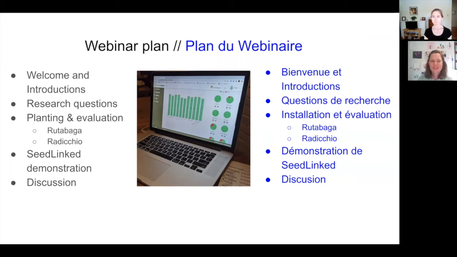Then we'll go into the nitty-gritty of planting your trials and evaluating them, followed by an interactive demonstration of the SeedLinked platform, which is the platform that's used for actually collecting and compiling the data from all the participants in the trials, followed by a short demonstration of how to do the same thing with the app version on a smartphone. And then we're opening it up to questions and discussion and any clarifications that need to happen.